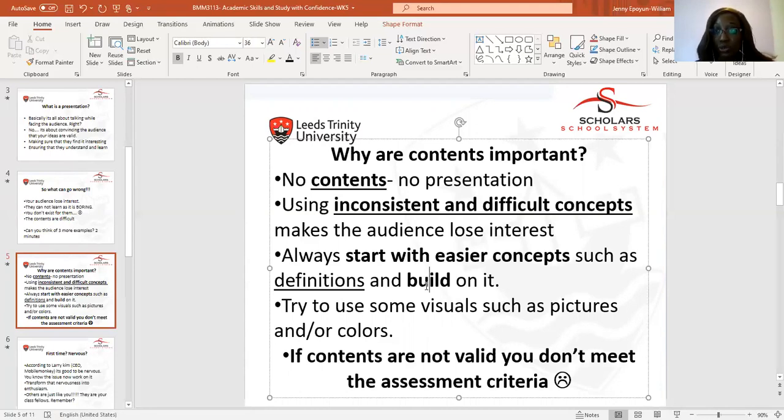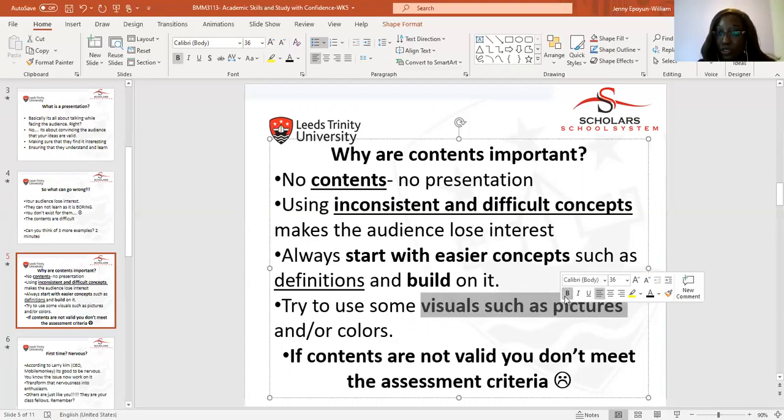So if you don't have visuals, they will lose interest in your presentation. So visuals are very important. Of course, use pictures relevant to the concept or the topic you're teaching or presenting on.